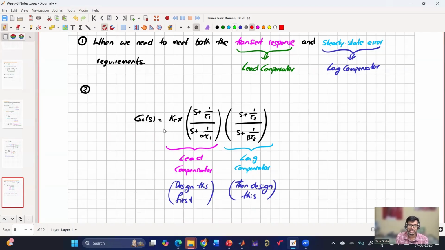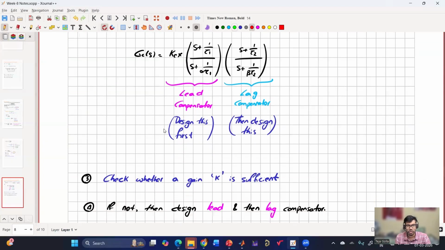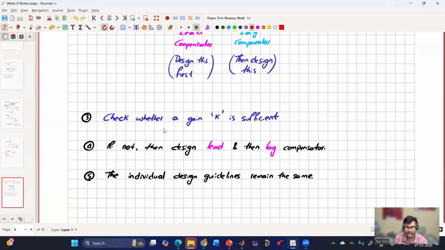So first we'll always design the lead compensator, and once it is designed, we'll check whether the root locus is passing through the designed poles or not, and then we'll see whether that will also meet the steady state error requirement or not. If not, then we'll design the lag compensator, and then again we'll plot the root locus to see that it has not changed much, and then both the design guidelines are met.